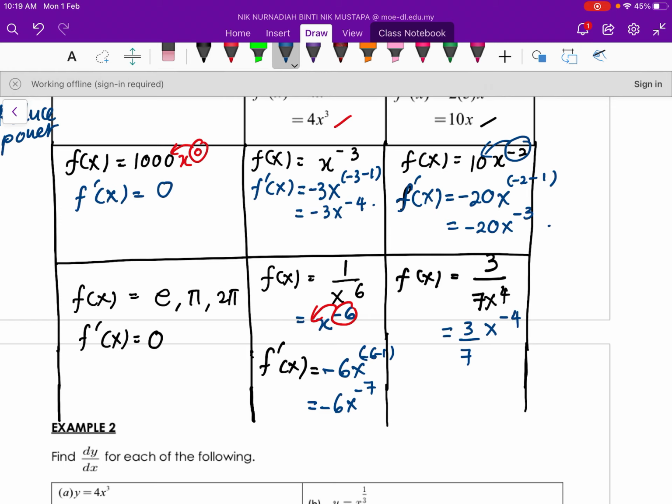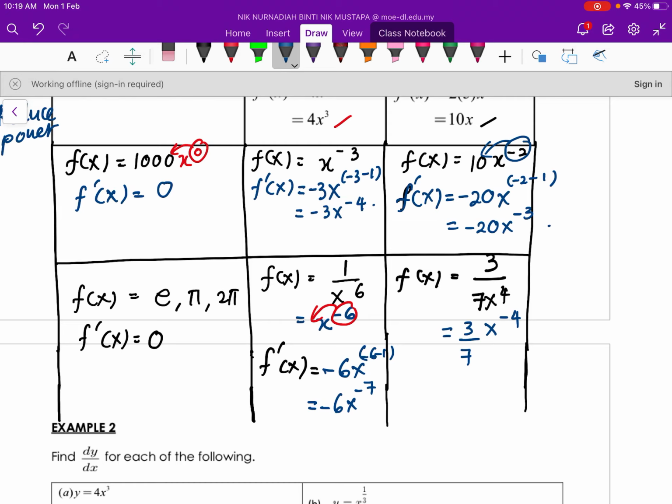Apa yang kat bawah naikkan ke atas jadi power negatif. Tapi untuk x sahaja, kita naikkan. 3/7, 7 tu jangan kacau. I've seen a lot of cases yang student bring together the 7, yang ada kat bawah tu dia bawa naik atas juga. You don't have to. You just bring up the x only.